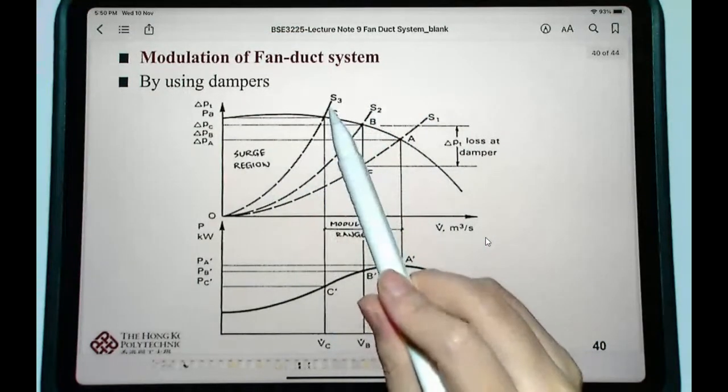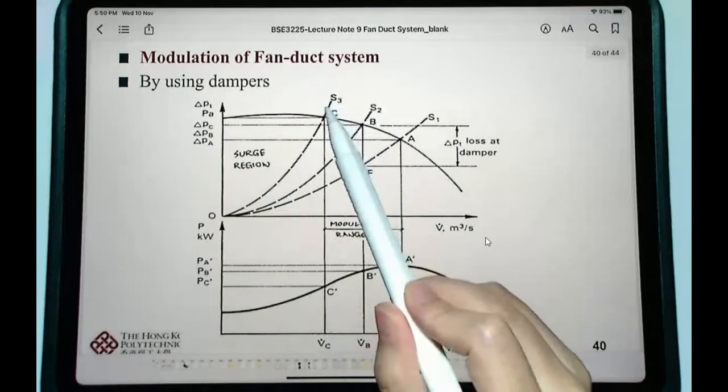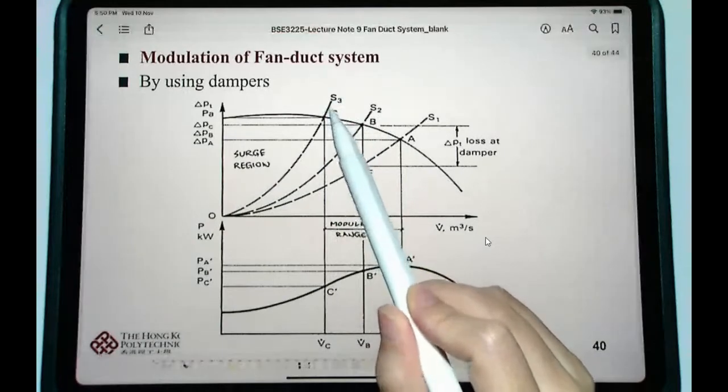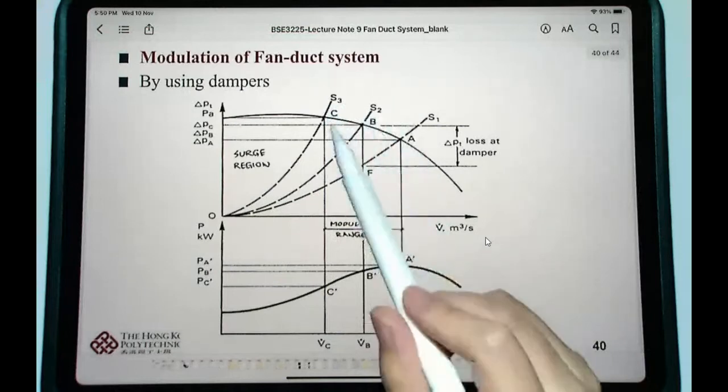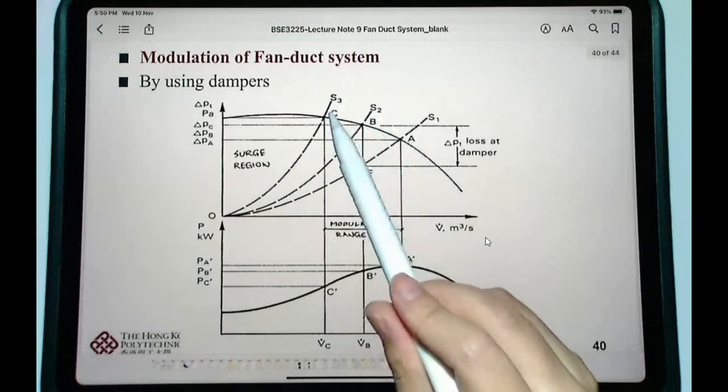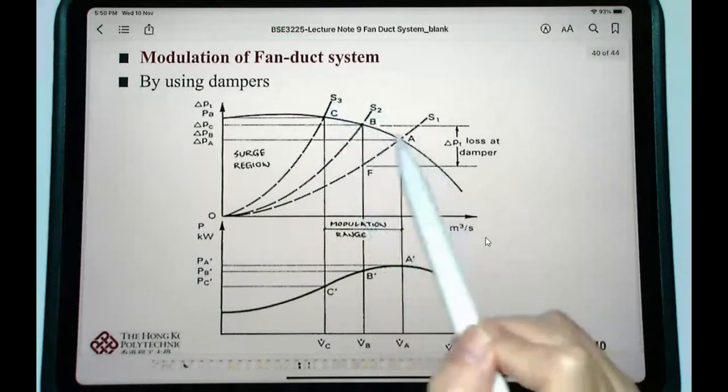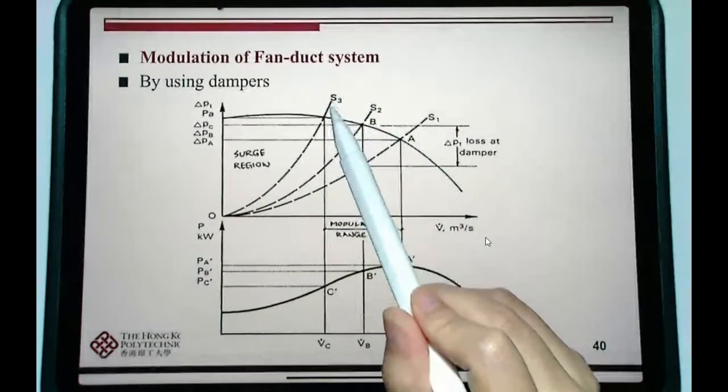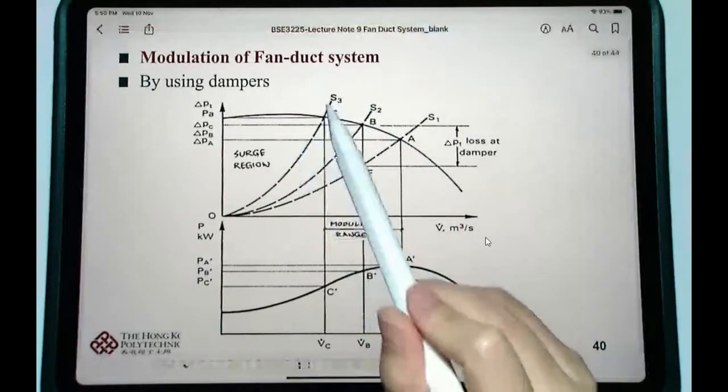For the third part, this is when you try to further close up the damper, and the system resistance is further increased.